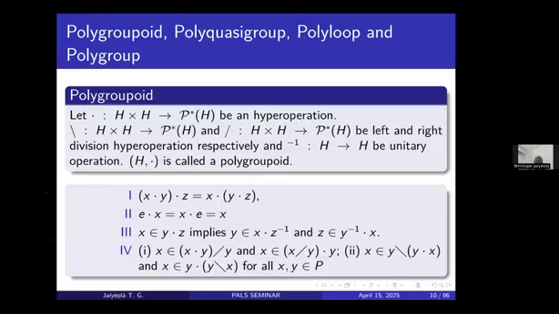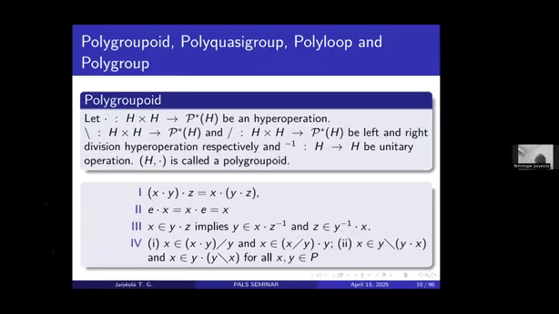Now we come to some other hyperalgebraic structures that are actually weak. These were introduced by us. Given a polygroupoid, that is, given a non-empty set H and three hyperoperations, dot, the right division, and the left division, and you also have a unitary operation.